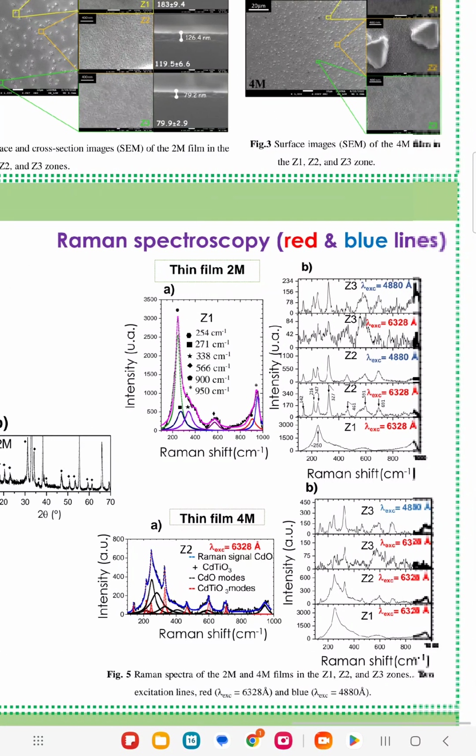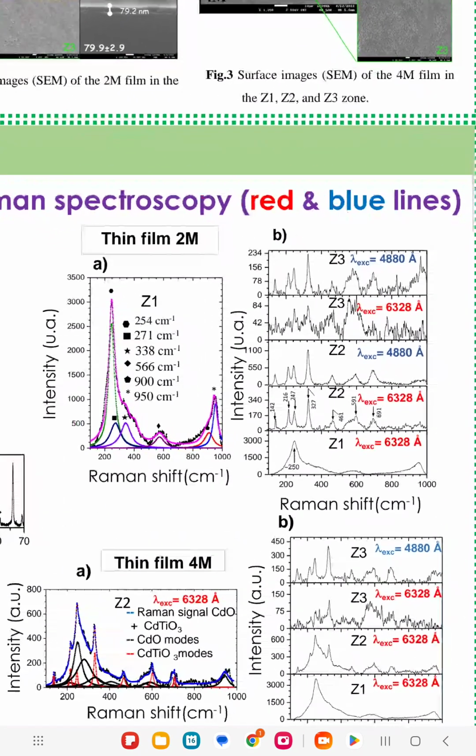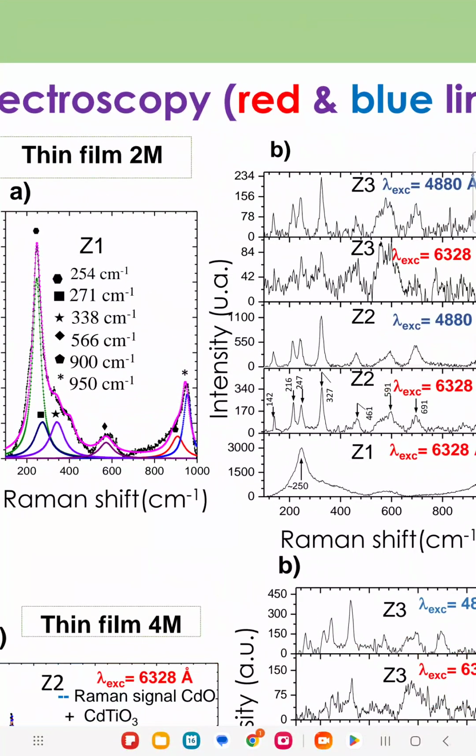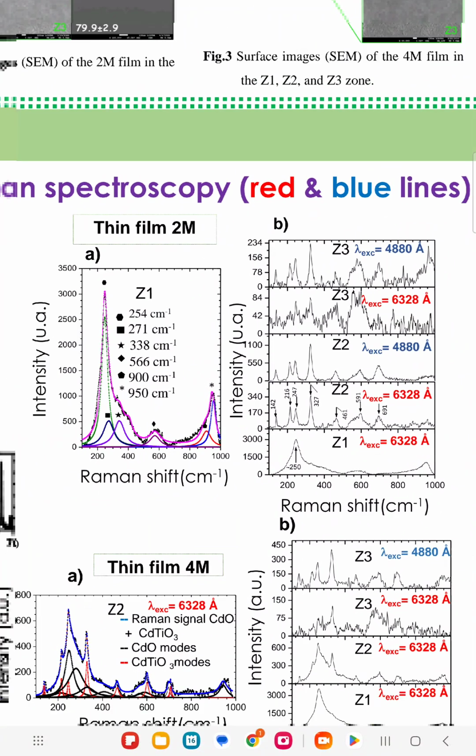In the case of the other zones, we can see in the Z2 zone some vibrational modes, most of them corresponding to cadmium titanate. We can also see a vibrational mode at 142 centimeters, and this corresponds to titanium dioxide in the anatase phase.